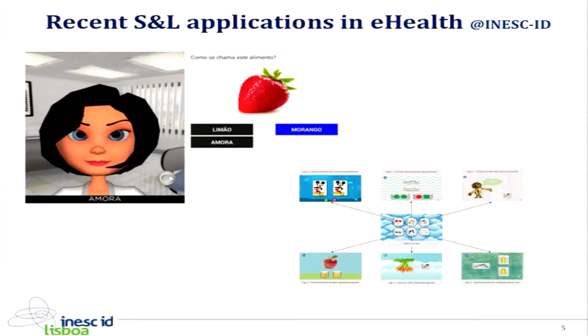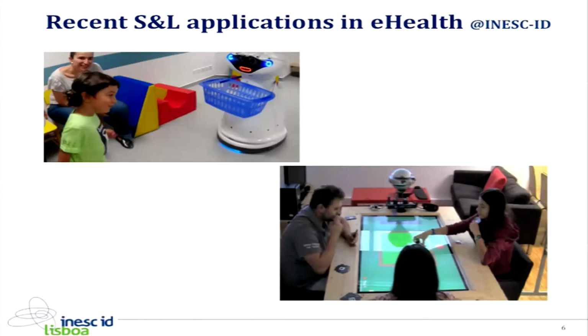The application was later adapted to autistic kids, which was also a very thrilling application, especially when we tried to introduce some modules which were more directed towards improving the production and perception of prosody, of emotions, especially in autistic kids.